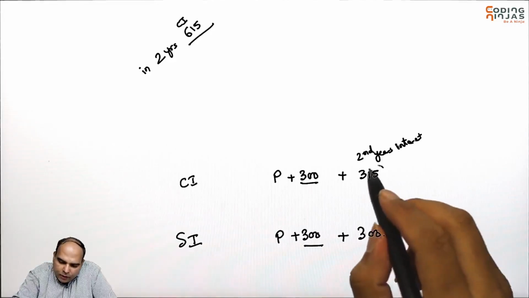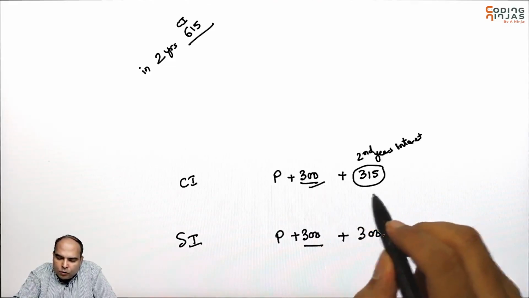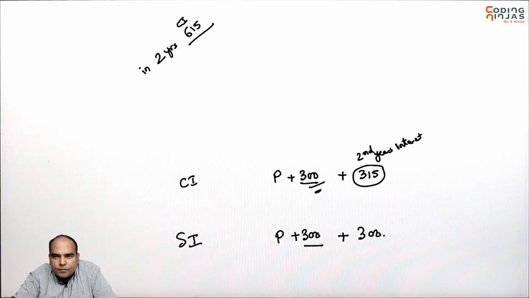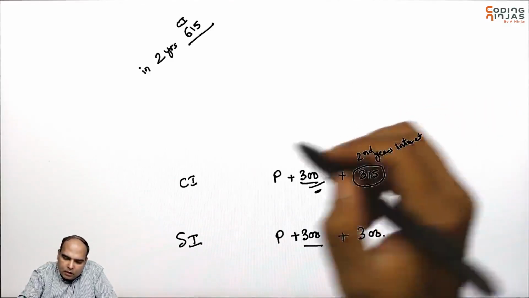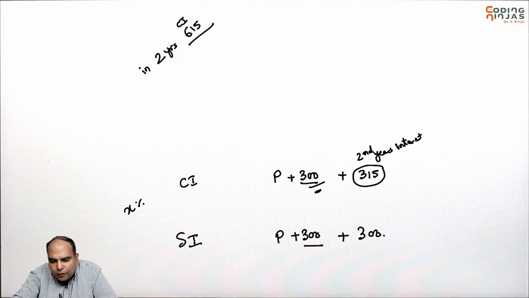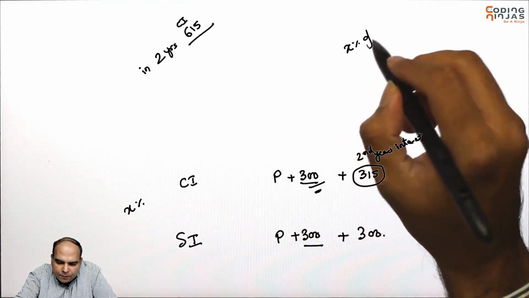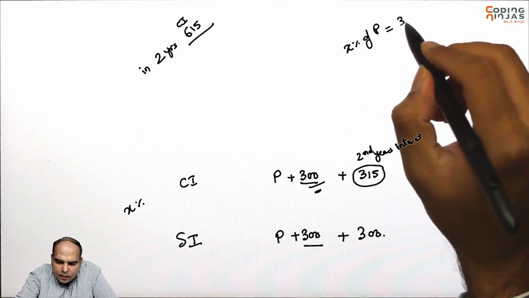And why is this different from the 300 you got? Because you're getting an interest on the interest. So if you assume the rate of interest is X%, then X% of P is 300.